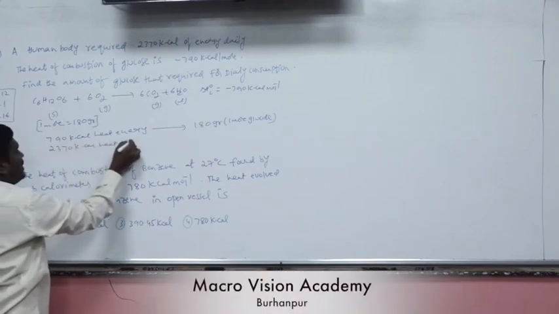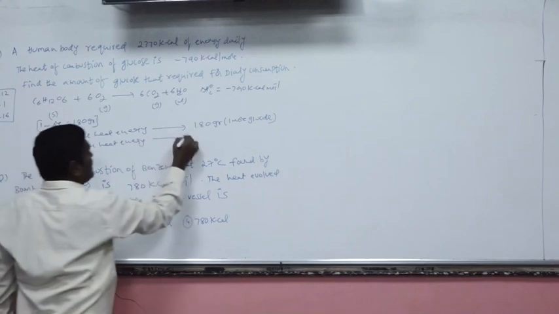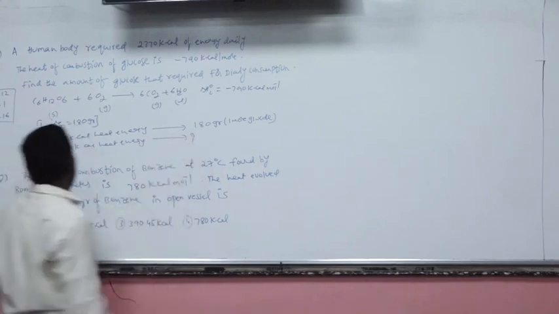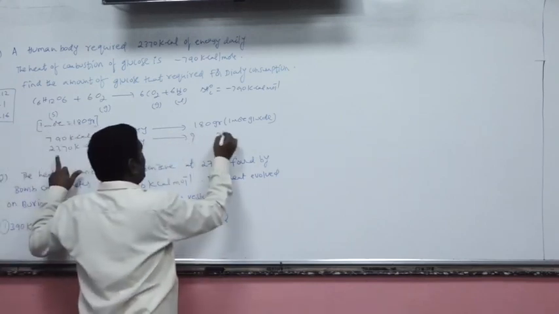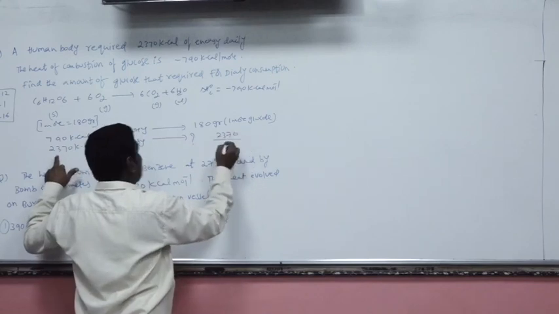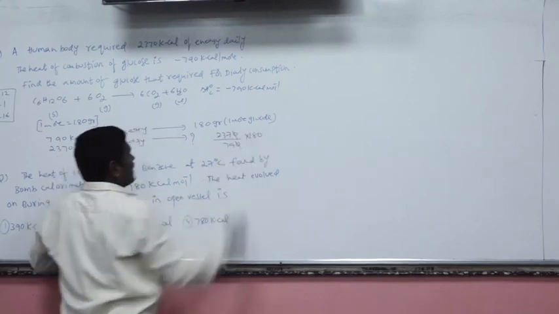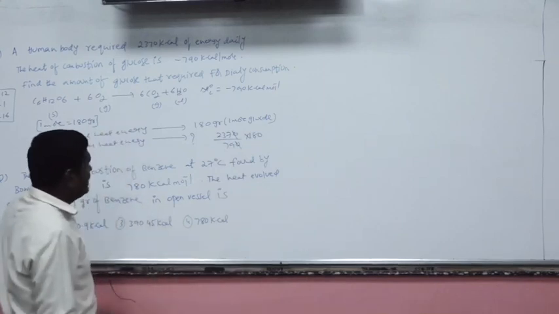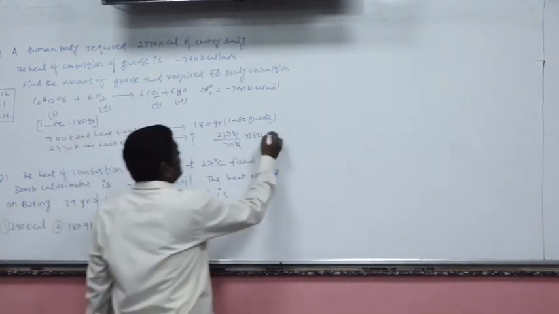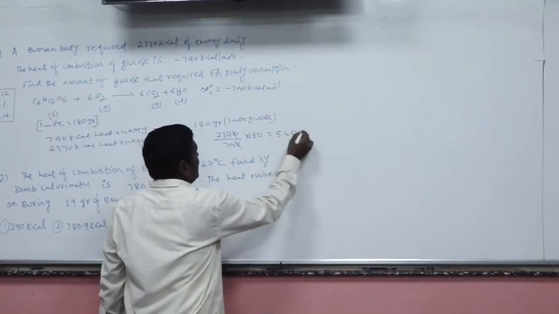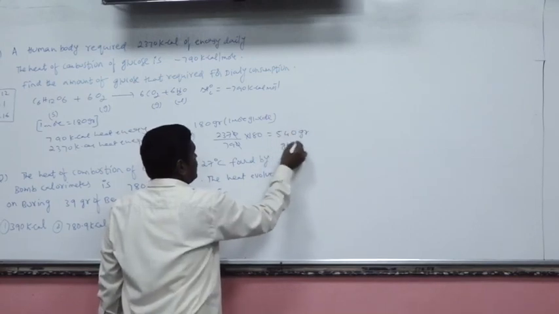In order to get this amount of heat energy, how much glucose must be taken? So, unitary method by cross multiplication: 2370 by 790 into 180. The 0s get cancelled. 79 3s are 237. 18 3s are 54. So 540 grams of glucose should be taken.